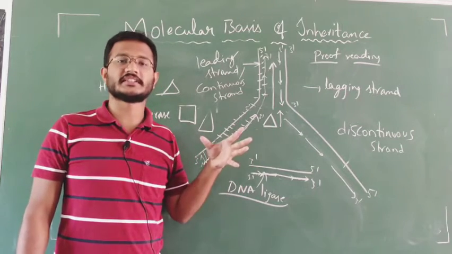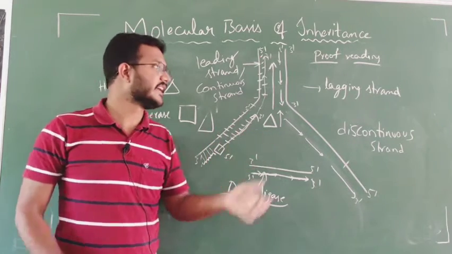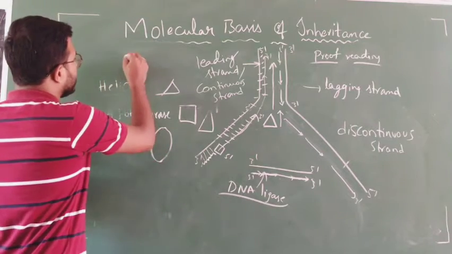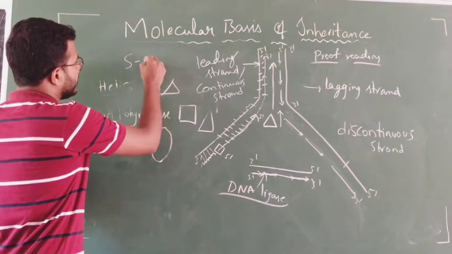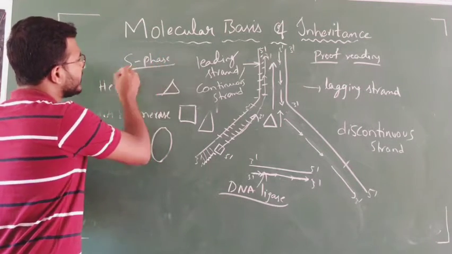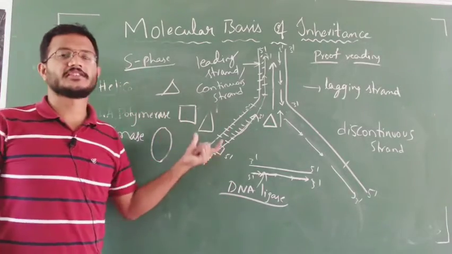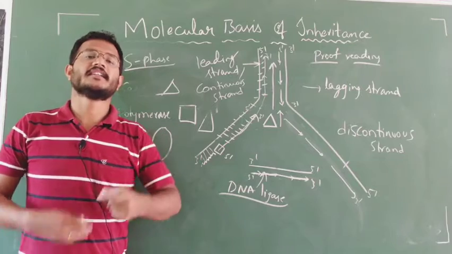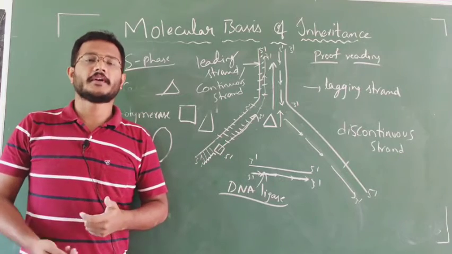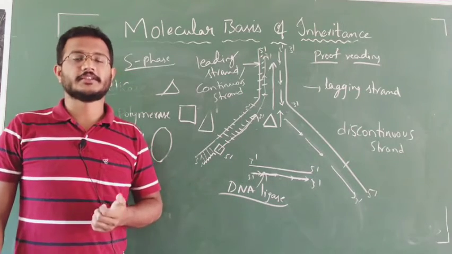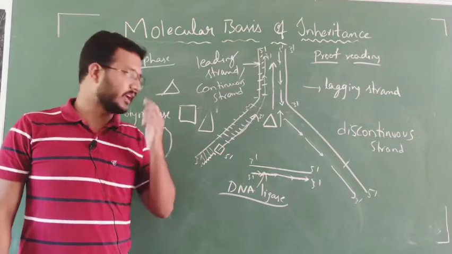So this process, the replication of DNA, is done in the S phase of the cell cycle, the synthesis phase. During the synthesis phase, the replication of DNA will take place, and in the M phase, that is the mitosis phase, the cell will divide into two daughter cells. Understanding?